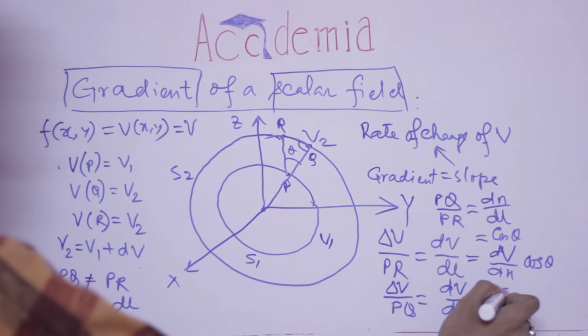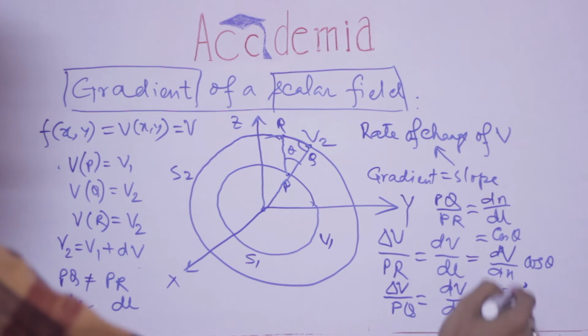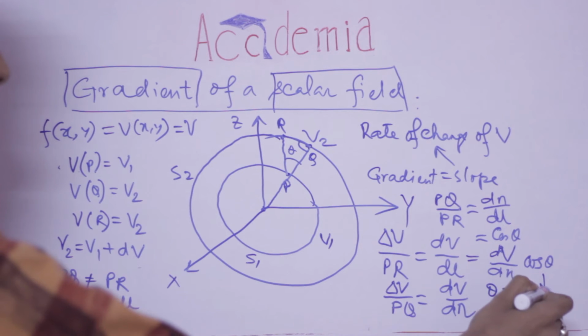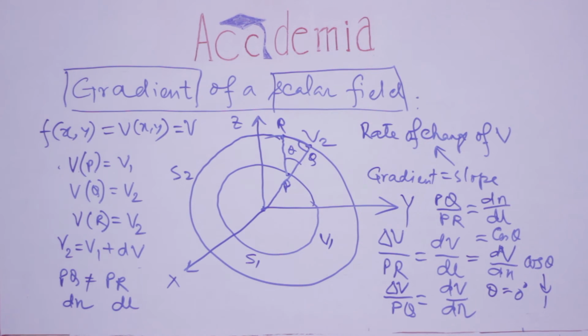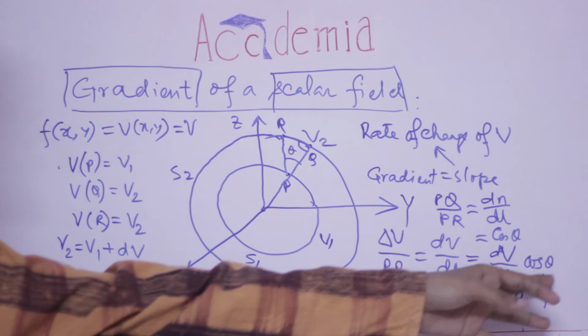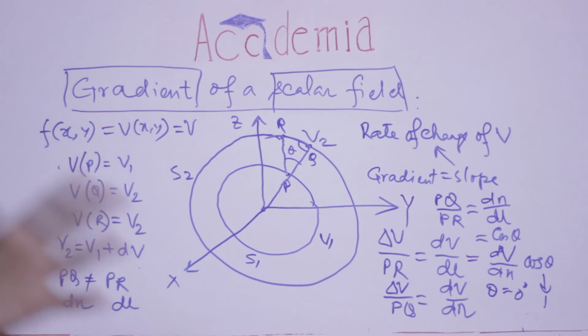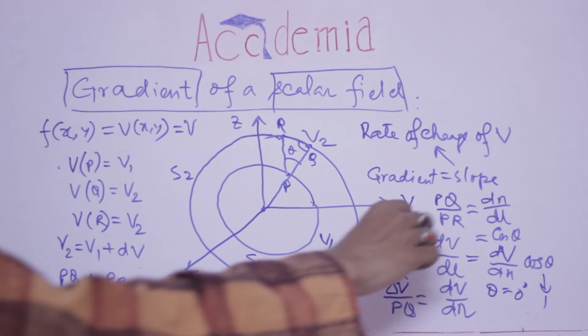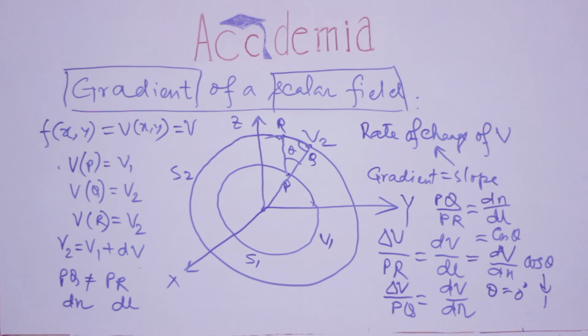Now if theta is 0 degree, cos theta will be maximum, that is 1. Then dv dl will have the maximum possible value. So the rate of change of v along a direction where theta is equal to 0 degree will give us the maximum rate of change.